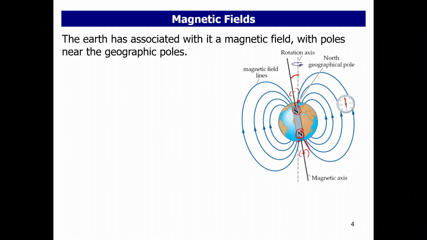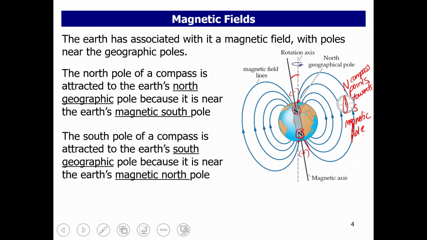And the north pole of the compass points south, towards the south magnetic pole. That's why we have determined that that is our north direction, because that's the north side of our compass. So it's actually backwards, and you just have to make sure that you don't get those confused.